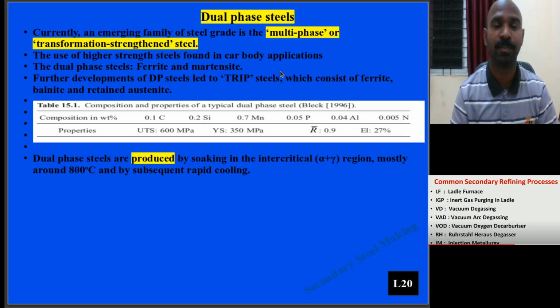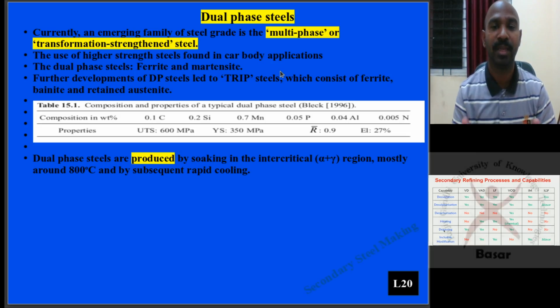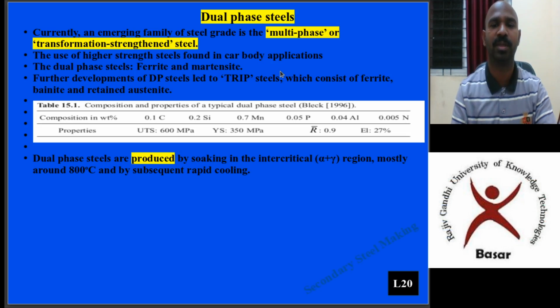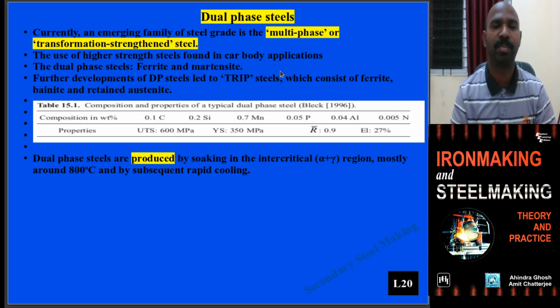being, the temperature is chosen intercritical region, which was around 800 degrees Celsius temperature, kept for long time, is nothing but continuous annealing process, and subsequently chosen fast cooling or rapid cooling, so that the austenite converts, around 80% of austenite converts into the martensite, remaining 20% is ferrite.